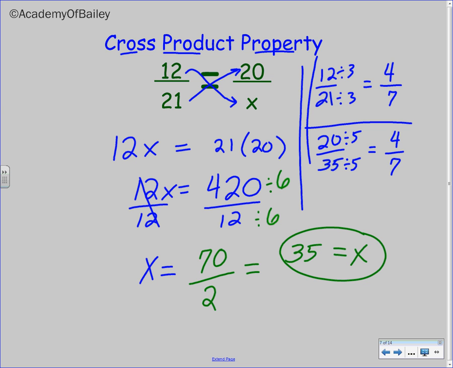So therefore, 12 over 21 is equal to 20 over 35, because they're equal. 4 over 7 and 4 over 7. When you simplify the ratios, that's what you get. All right?